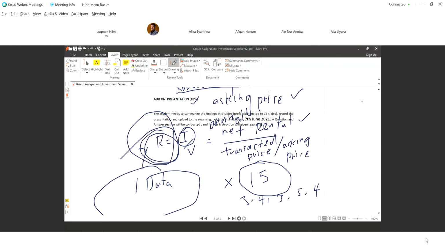There's one question from Low: must the other data we use be in the same area? I didn't quite get what you mean, Low, but I'll try to answer. It means the data that you use is for the same taman. Yes, if that is your question, the data should be in the same area. Otherwise, if you use another area, it doesn't reflect the market scenario of that area.